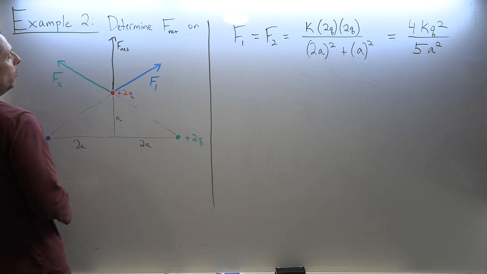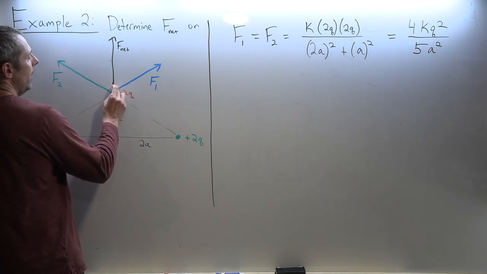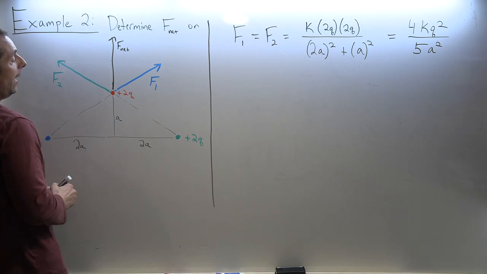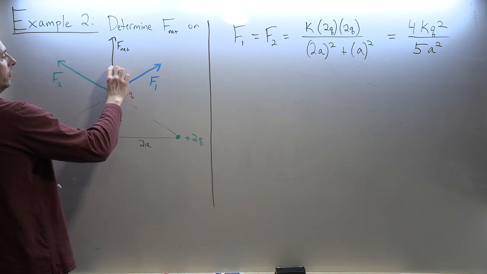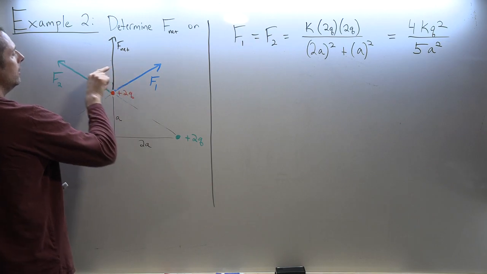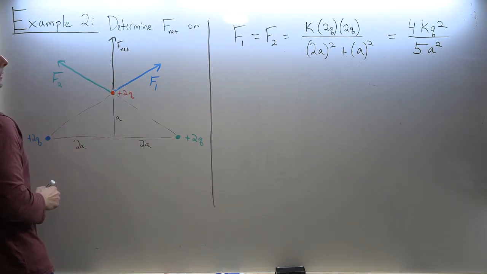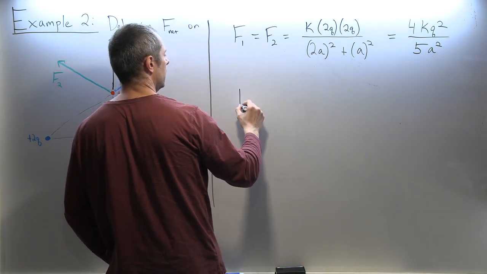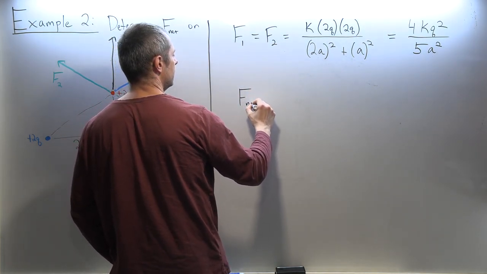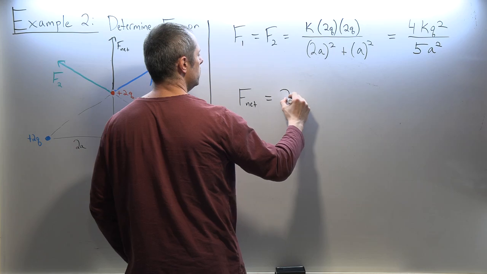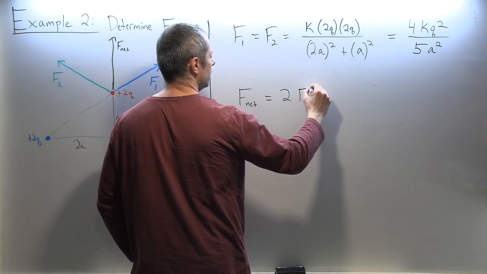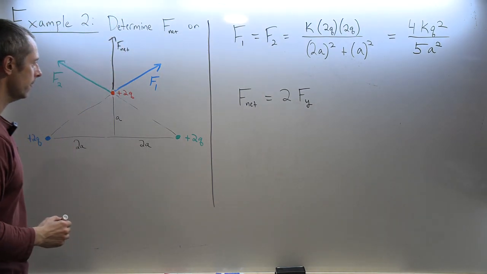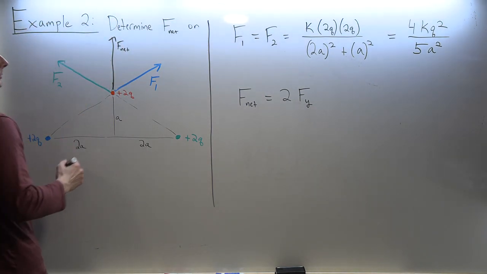As I said, now what I have to do is find the vertical component of one of those arrows and then double it, because I have one vertical component here and another vertical component here. I could express that like this: F net equals 2F in the y direction. And what's the y direction force?